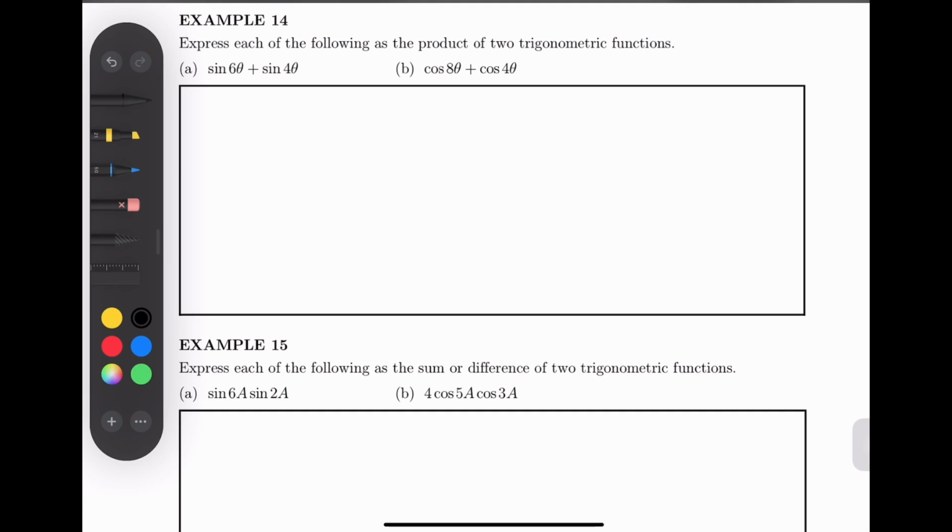Let's discuss example 14. Express the following as a product of two trigonometric functions. So we have sum to product here.